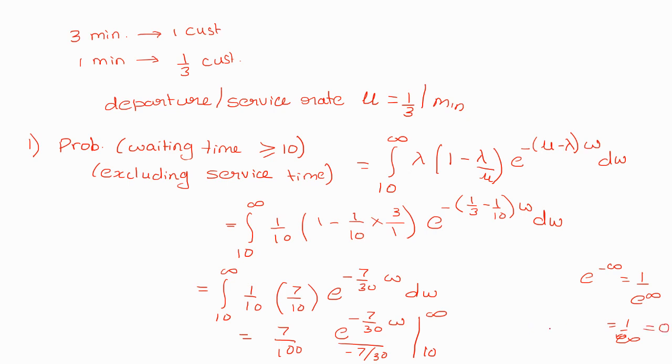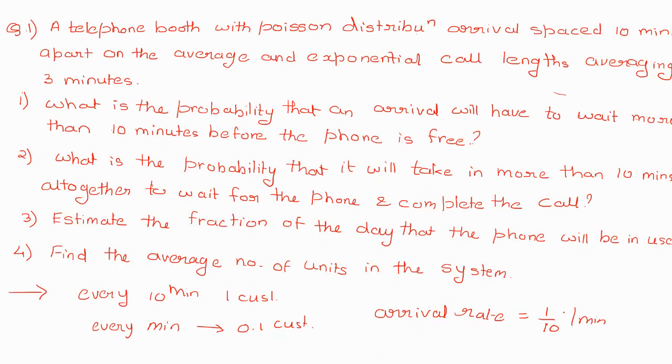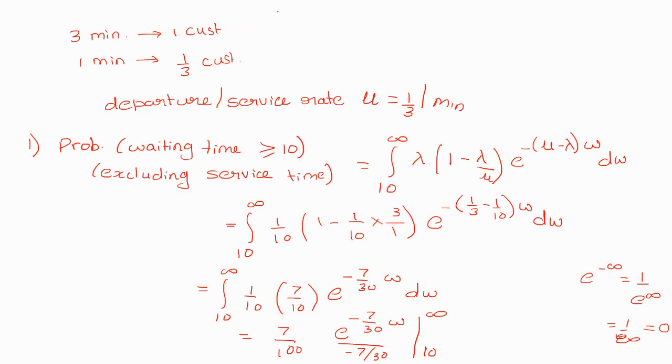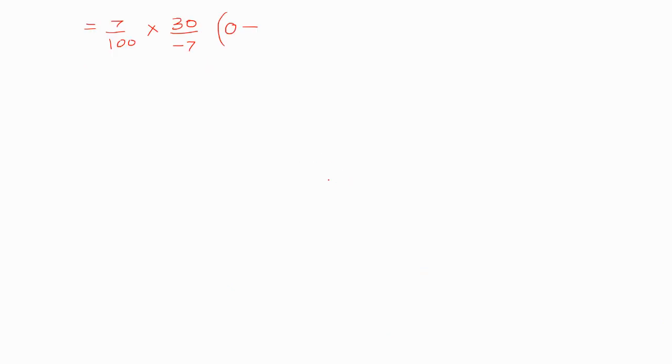So the first term will be 0 minus the second term, which is e raised to minus 7 by 30 into w. In place of w, I substitute the lower limit 10, giving e raised to minus 7 by 30 into 10. So this is my final expression.